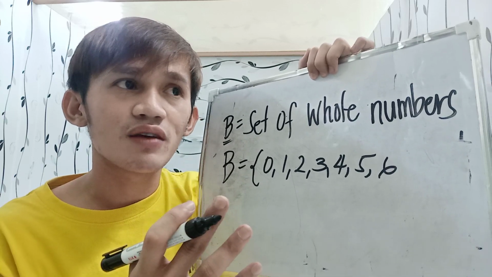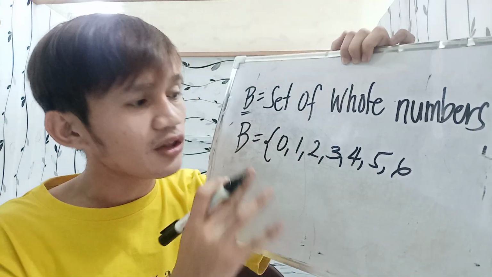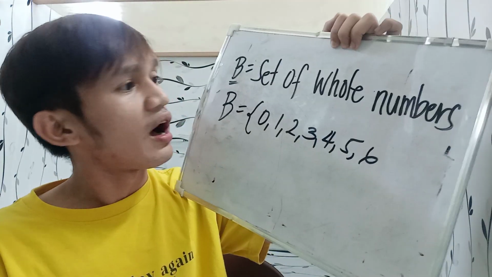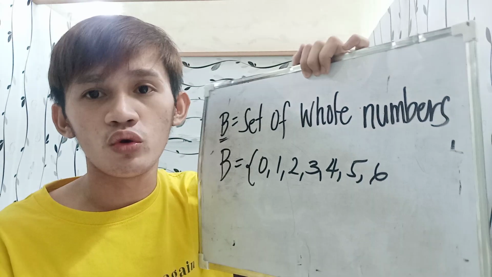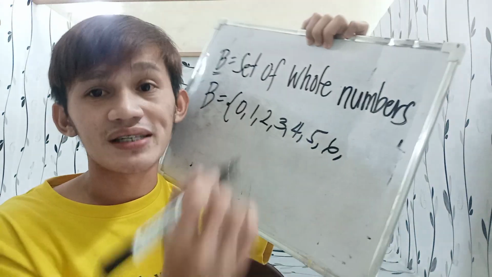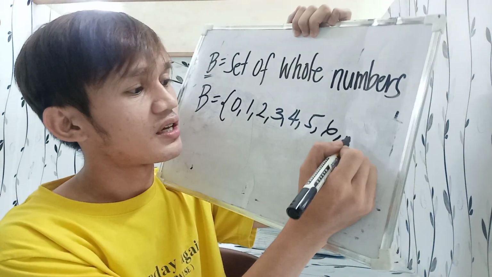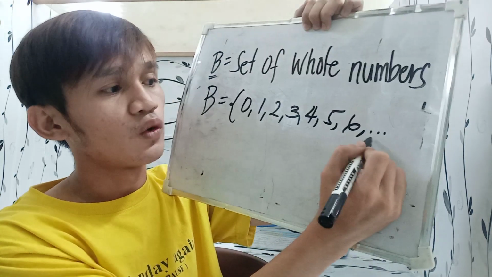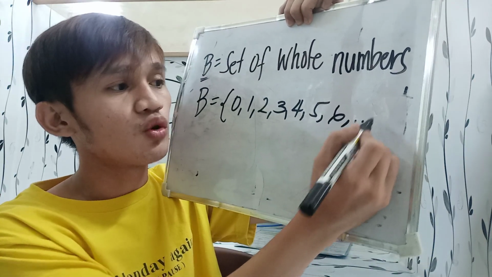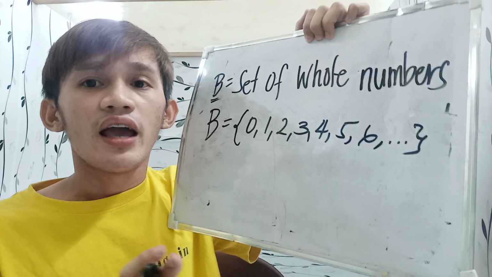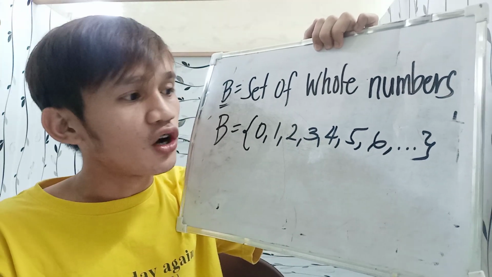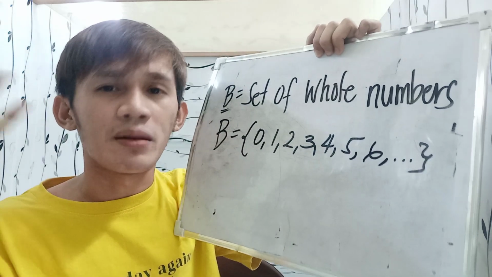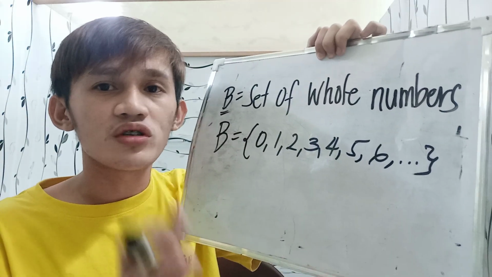It is very hard for us to write all those whole numbers, so if that is the case, you are just going to use ellipses. These three dots represent that it is continuously counting, because we have 7, 8, 9, 10, 1 million, 2 million, and all those are whole numbers.